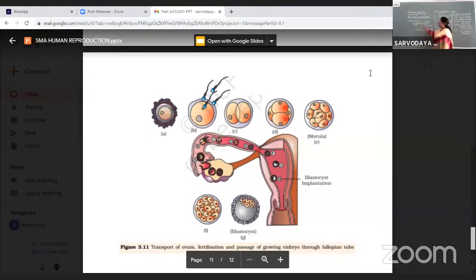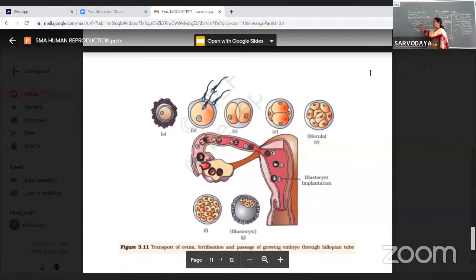Remember, I said it is a neuroendocrine mechanism. What do you mean by neuroendocrine mechanism? The entire process of parturition is controlled and coordinated by the nerves and hormones.